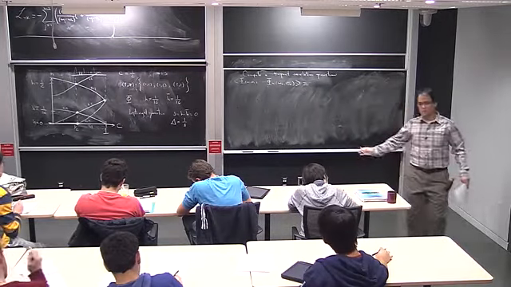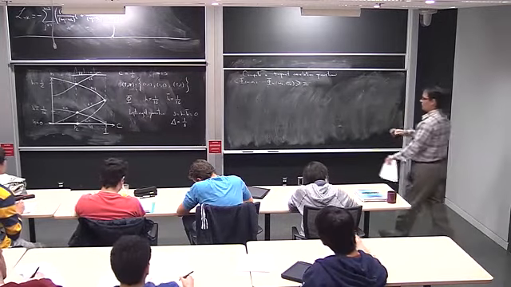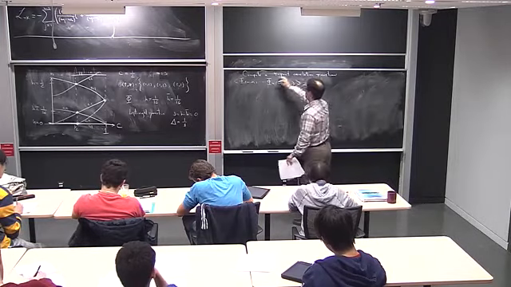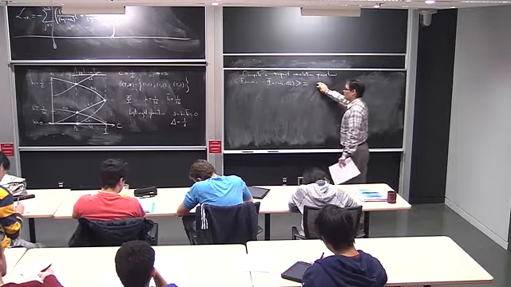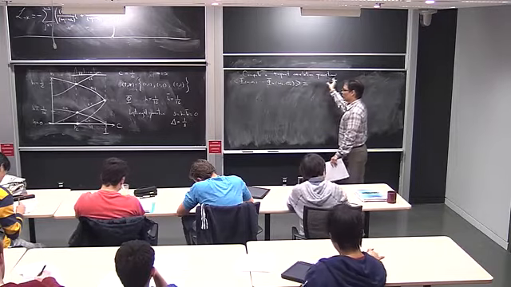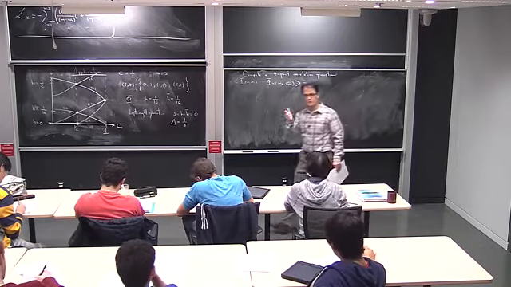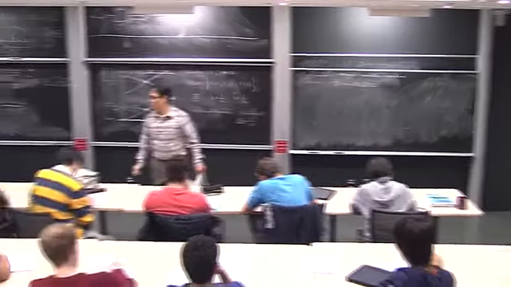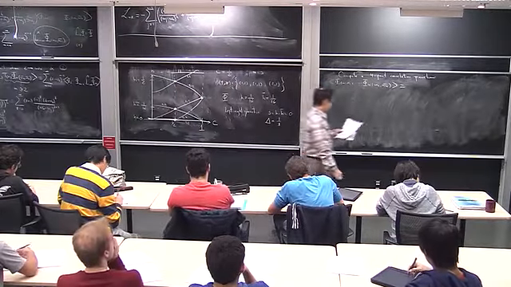Well, this field is a primary. We know the conformal dimension, and therefore we know that we can write down this correlation function as some factors that take care of the global conformal transformations and a function that depends on the cross ratio, on a single cross ratio.